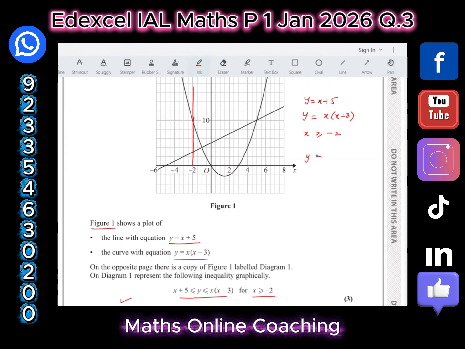Now according to the inequality, y is greater than or equal to x plus 5. It means the solution lies on the region above the straight line. And the second inequality is y less than or equal to x into x minus 3, which means we have to take the values of y which lie below the curve.